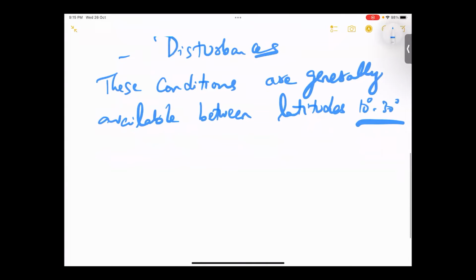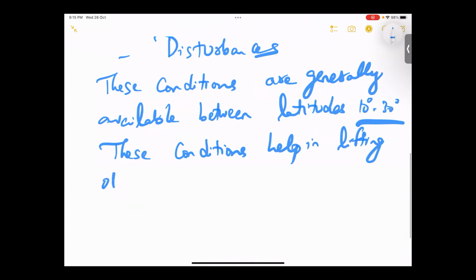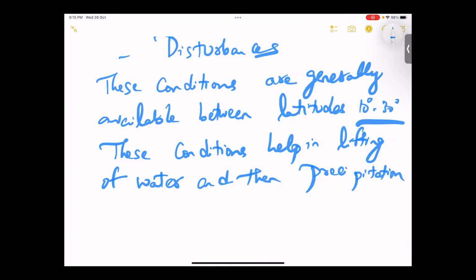These conditions help in lifting of water and then precipitation.